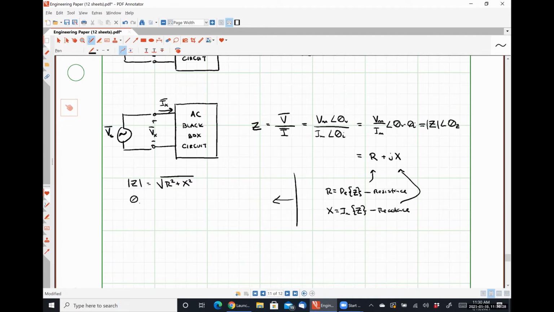The angle of the impedance is the inverse tangent of the reactance over the resistance. And if we want to go the other way, the resistance is the magnitude of the impedance times the cosine of the angle, and the reactance is the magnitude of the impedance times the sine of the angle. So we can flip-flop back and forth between the two trivially.